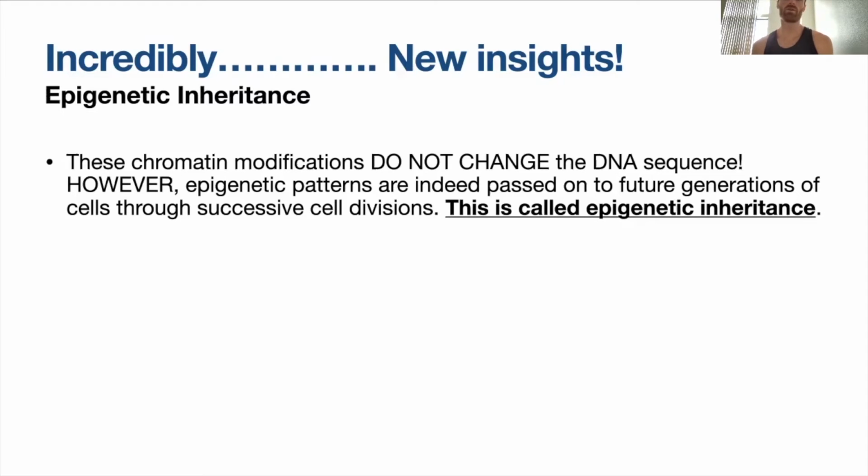We never used to think this was possible. We used to think, as biologists, you had to affect the DNA sequence somehow. If you have a gene for insulin and you mutate the DNA, you change the DNA sequence for that insulin gene, it's going to affect the protein product.